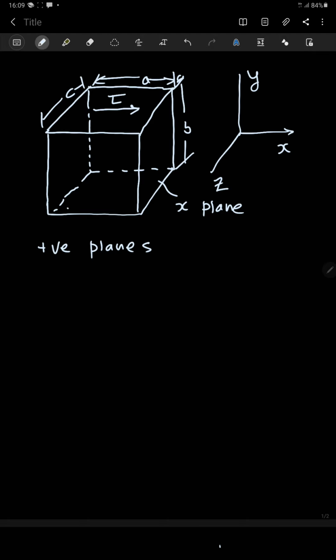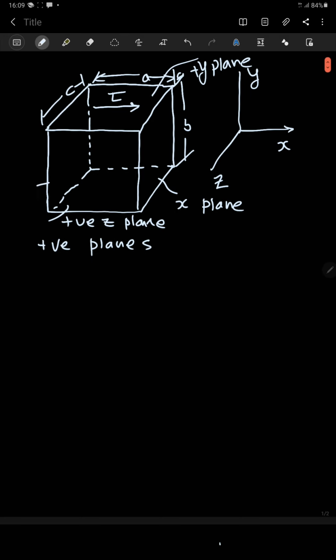Similarly the plane perpendicular to the Z axis, this is the positive Z plane, towards the positive Z axis, and this is the positive Y plane, because it is towards the positive y axis and perpendicular. So a plane is defined by its normal, the perpendicular plane, that is the positive x, y and z planes we have defined, and the opposites are defined as negative planes.